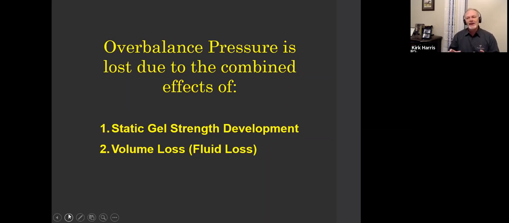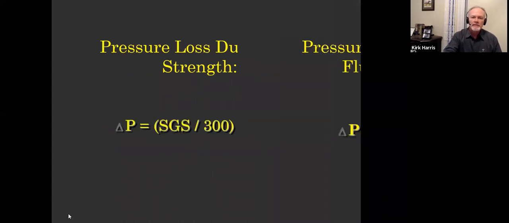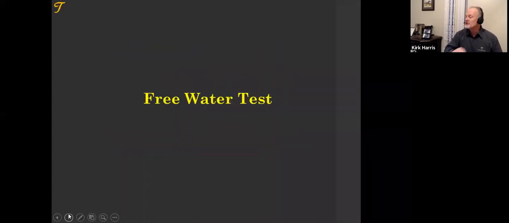So there are a lot of things, including if I nipple down BOPs and start moving my casing and break gel strengths. So we got to be very careful thinking that, hey, if I can get that gel strength, I'm okay. At the same time, for a gas tight slurry, we want a fast gelling, fast setting cement. I'm going to skip through that due to time, and let's go to the free water test.